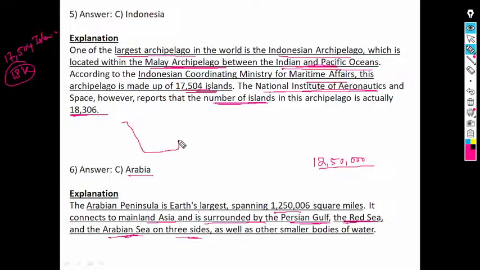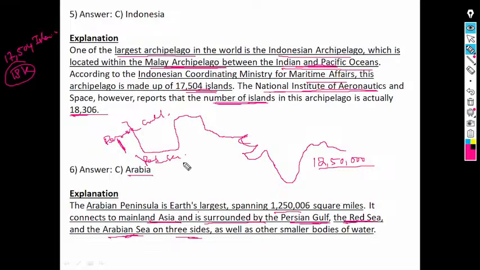This is your Persian Gulf, Red Sea and Arabian Sea, as well as other small bodies of water.